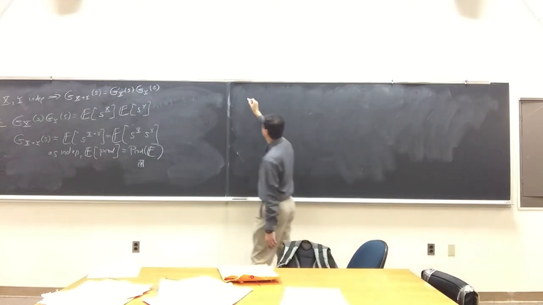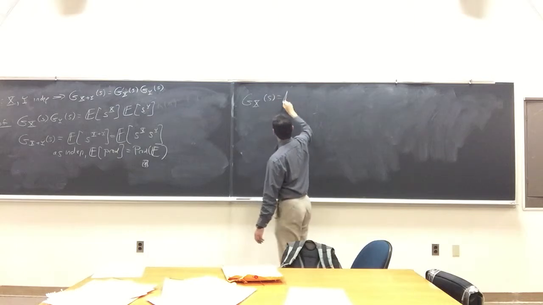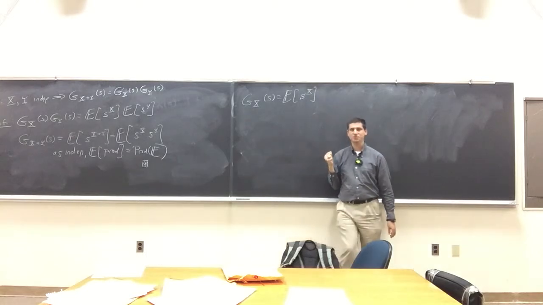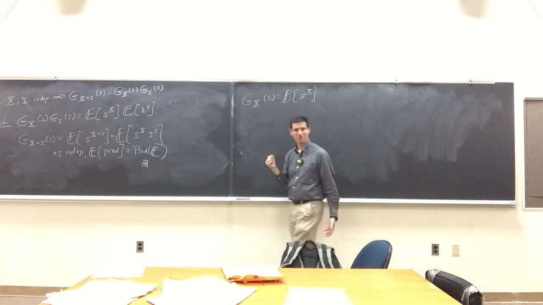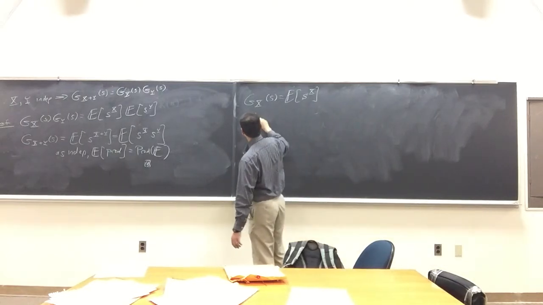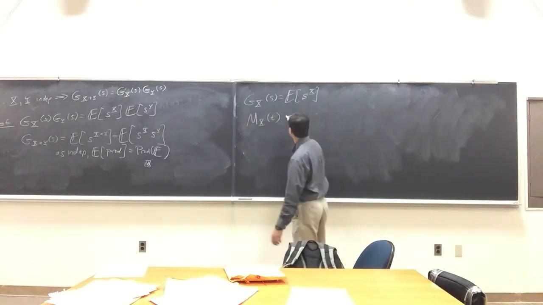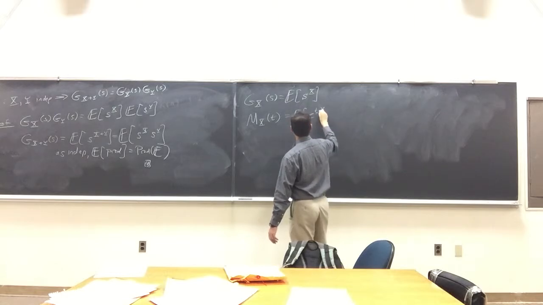So we have the generating function G_X of s is the expected value of s to the X. Has anyone taken a stats class where you've seen characteristic functions yet? Okay. Something to look forward to. The moment generating function of X at t is the expected value of e to the tX.